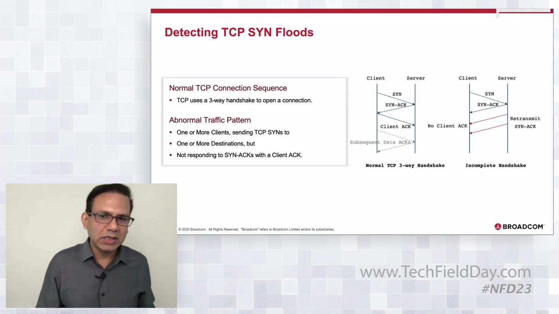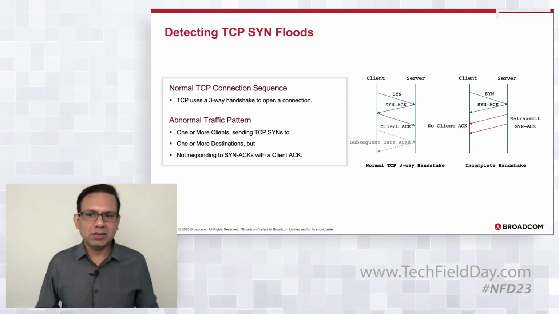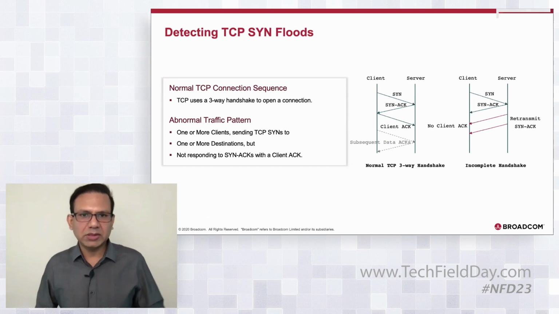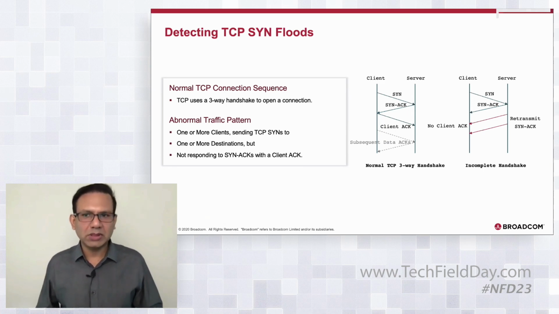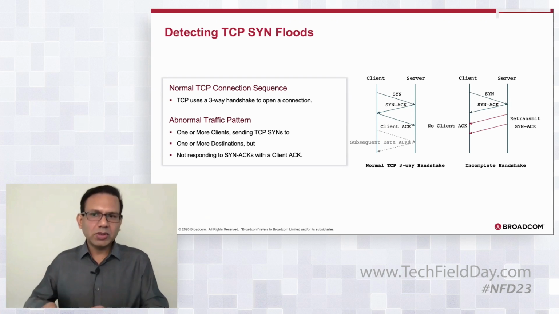It responded with a SYN ACK, but then nothing happened, and the server is holding on to that connection state, the partial connection state, and it's retransmitting the SYN ACKs for a while before it decides to drop the connection. Now, if too many of these happen over a period of time, you're going to end up using resources on the server. There are methods for taking care of this, SYN cookies, for example. But you could do a little better if your switches had the ability to track this.